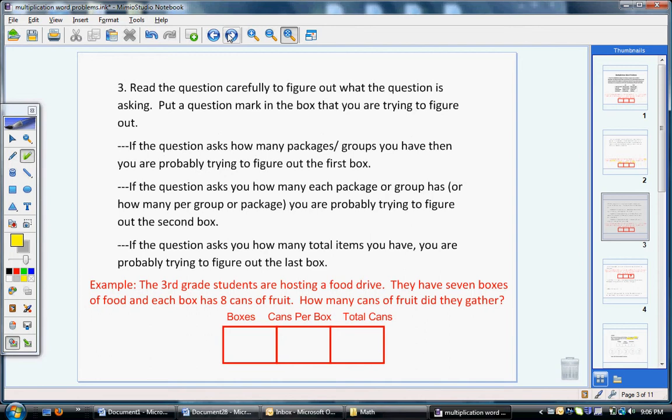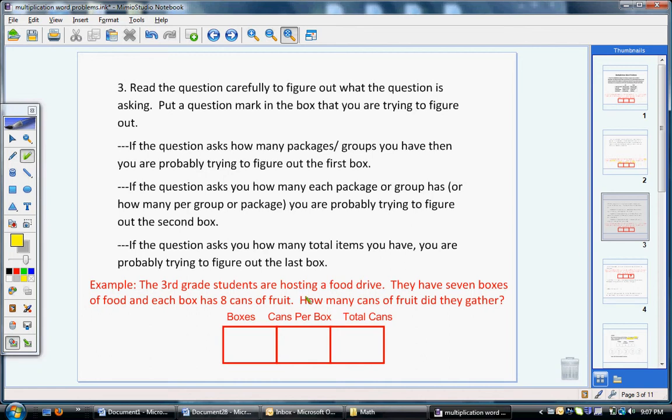I need to make sure that you read the question carefully to figure out what the question is asking. Put a question mark in the box that you are trying to figure out. It says if the question asks how many packages or groups you have, then you are probably trying to figure out this first box. If the question asks you how many each package or group has, or how many per group or package, you're probably trying to figure out the second box. And if the question asks you how many total items you have, you are probably trying to figure out the third box.